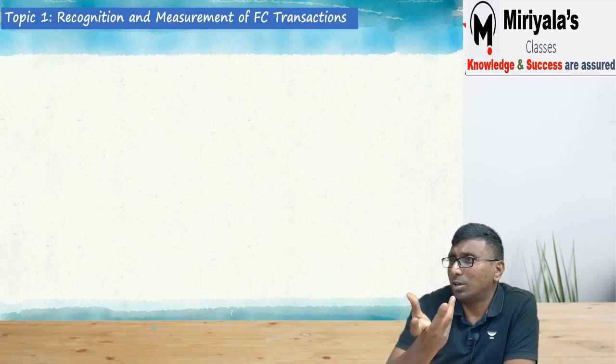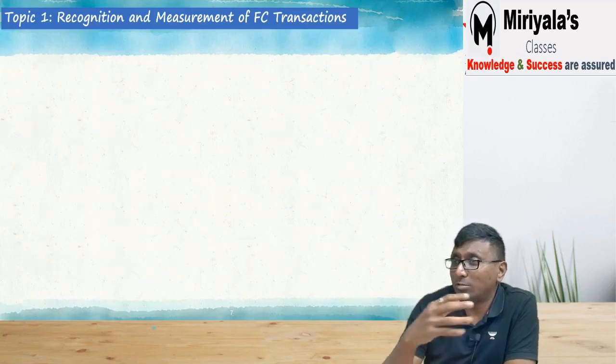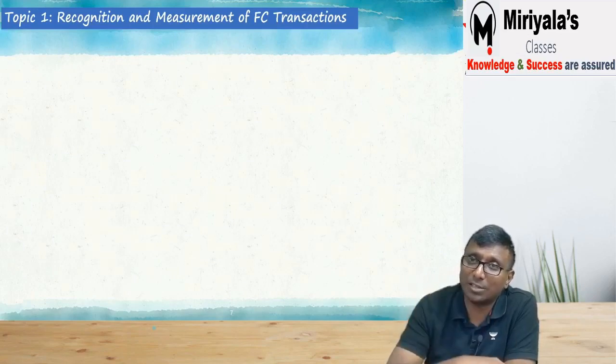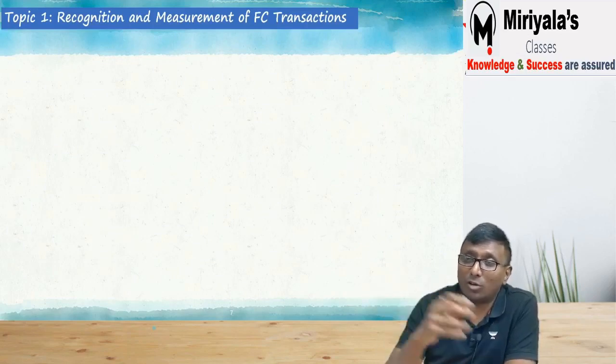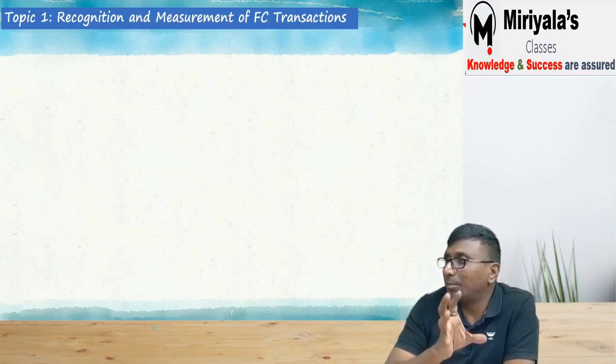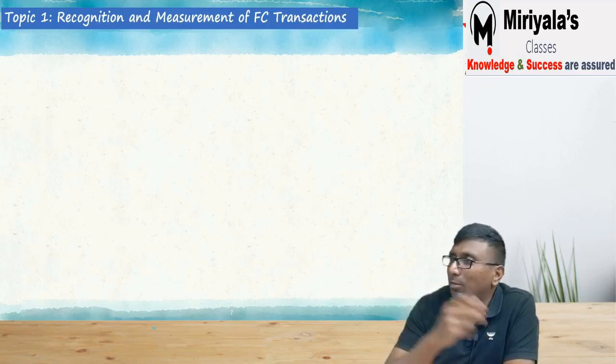They gave an option under two circumstances: the foreign exchange gain can be added to or deducted from the fixed asset, or create a new reserve called foreign currency monetary item translation difference account, FCMITDA. Something they made. Because of it, a slight problem will be there.